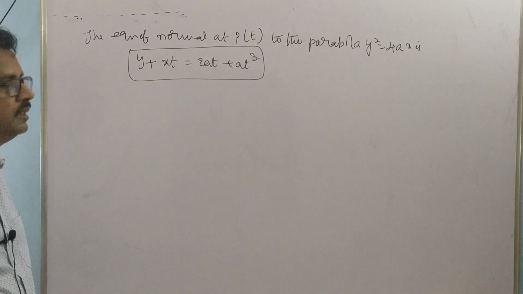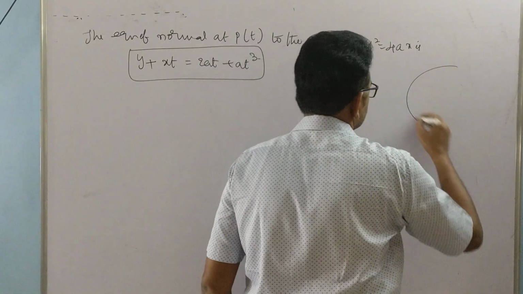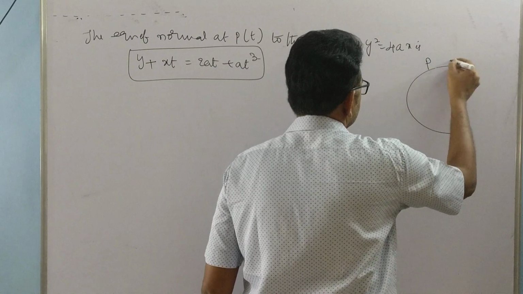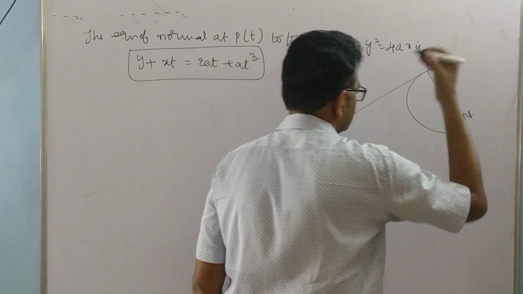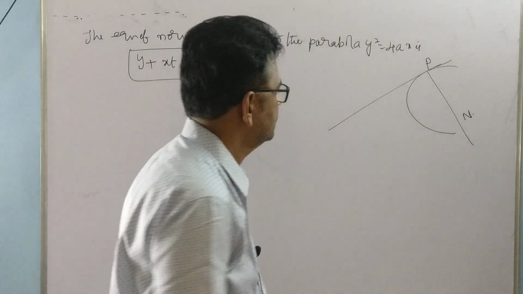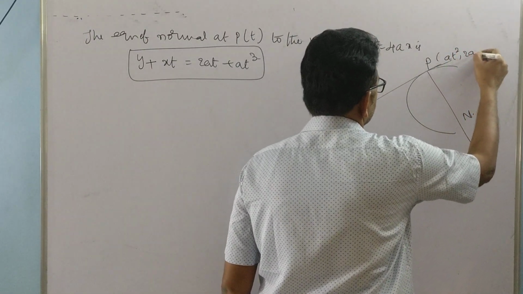This is the point P, this is the tangent, and this is the normal, where the point is at square comma 2at.